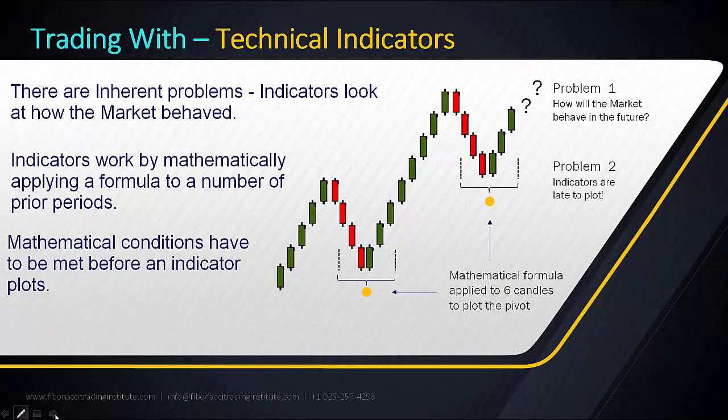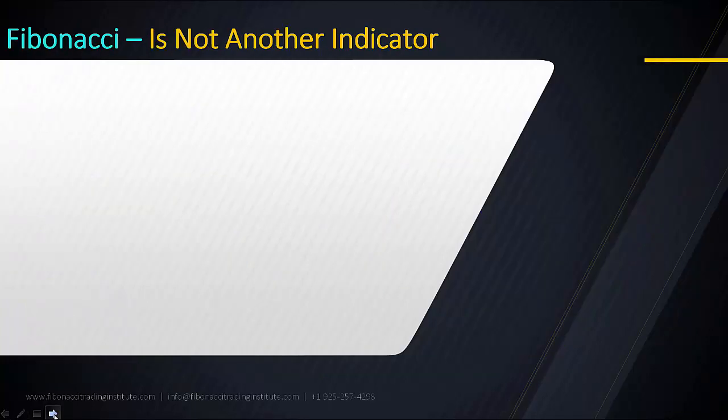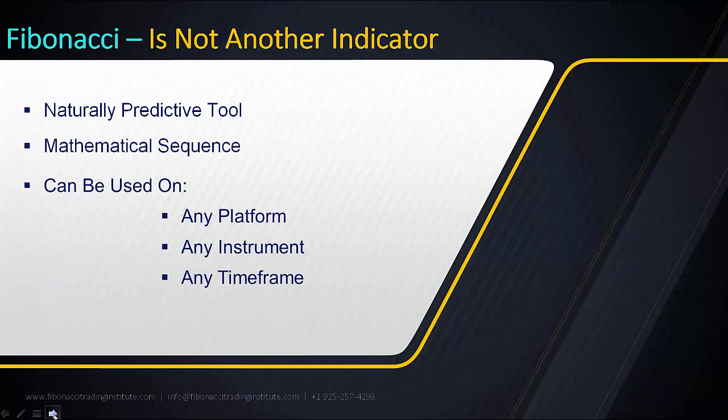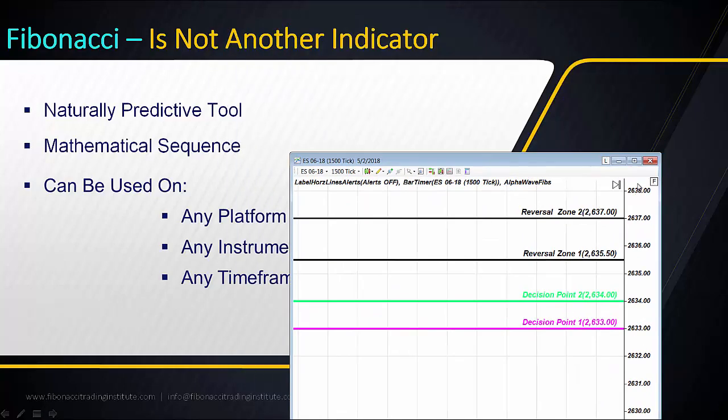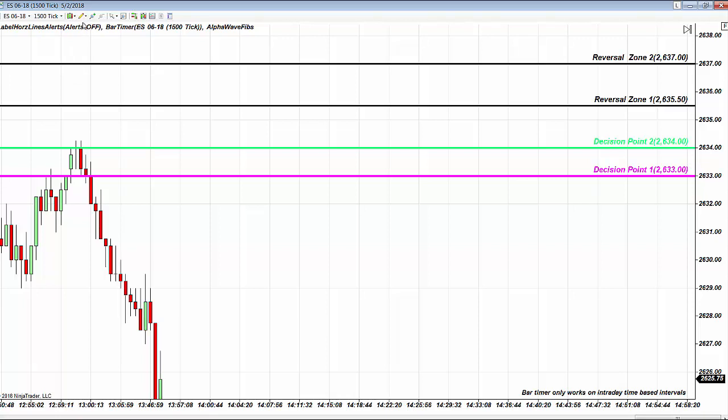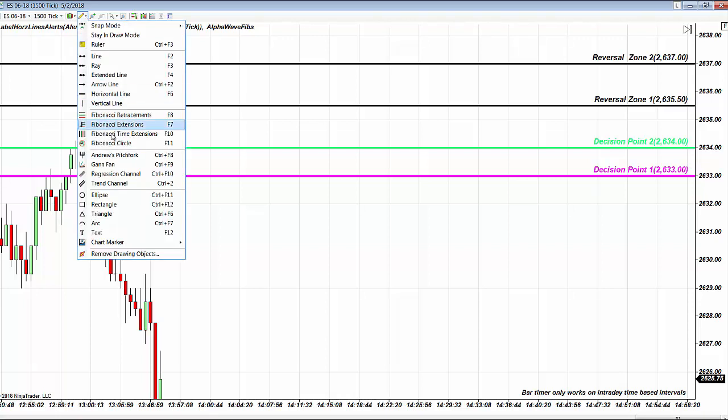No indicator on the planet can do that. Only Fibonacci can. Fibonacci is not another indicator. If you take a look on any chart you choose to trade, Fibonacci is not placed under indicators. Fibonacci is placed under tools. Knowing how to use Fibonacci, you must know the rules.